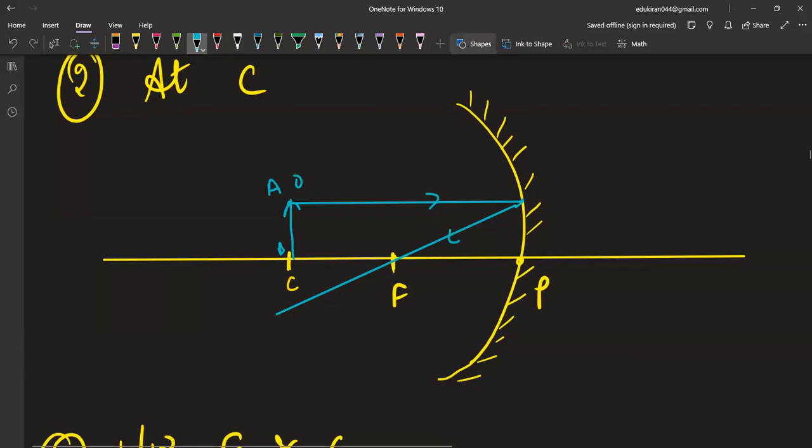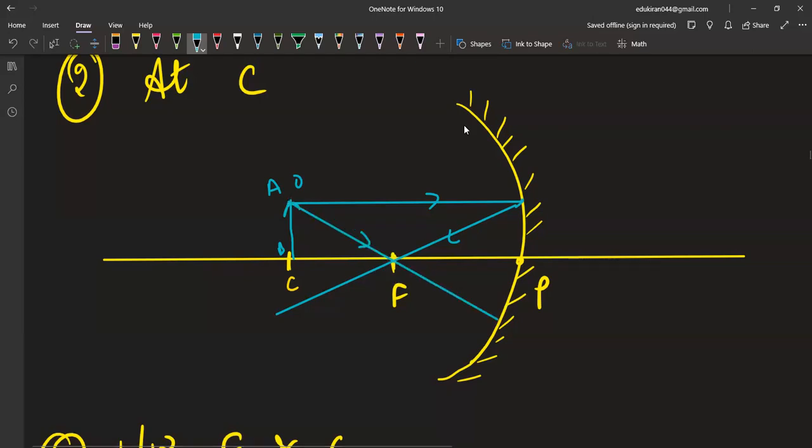Secondly, the center of curvature rule will not apply because the object is exactly at the center of curvature. So the second ray will have to pass through the focus. If the rays are passing through the focus, what is the rule we had seen?